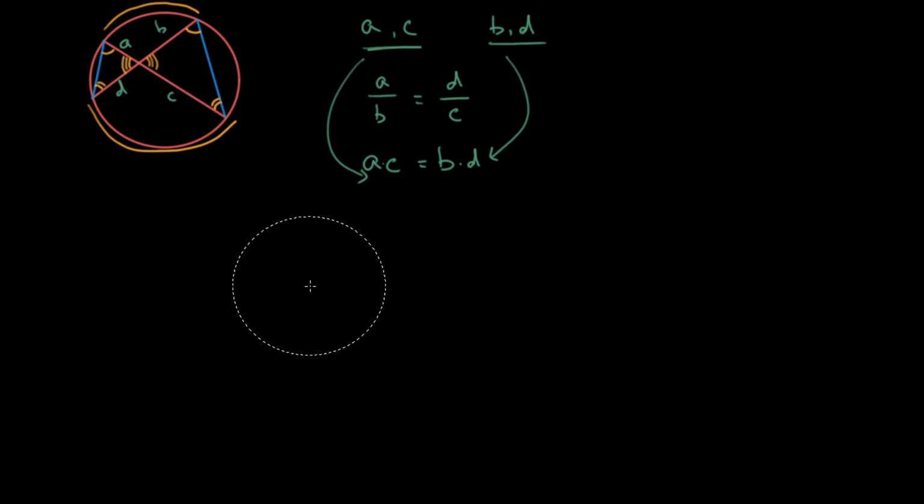Draw my circle again. I have 2 secant segments. Here's one, and here's the other. Perfect. Okay, let's talk about the relationship that exists here.